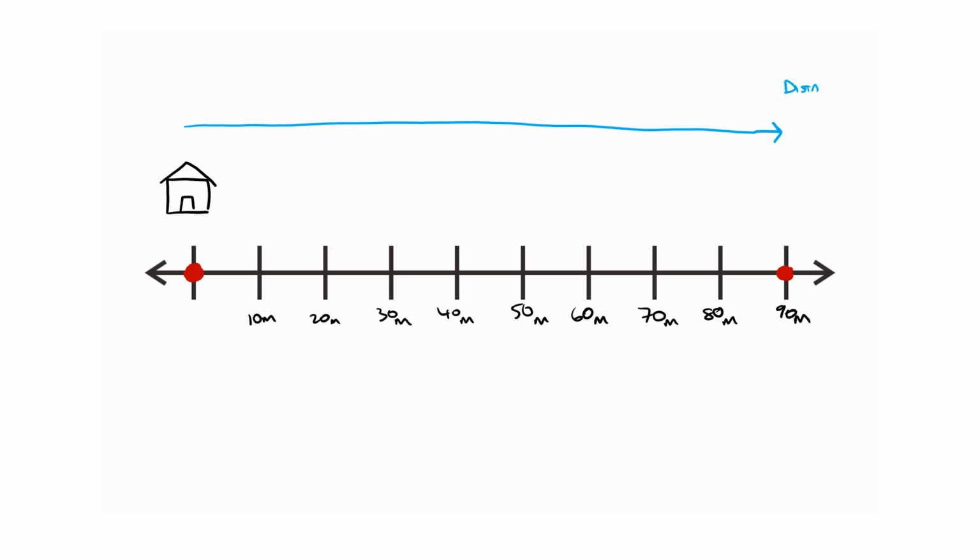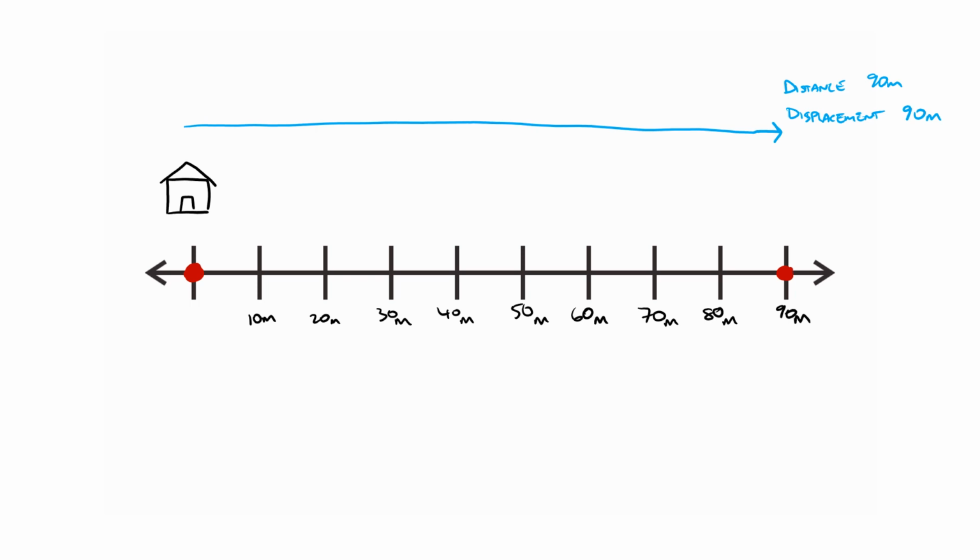So distance is 90 meters. And what is the displacement that I traveled? So I'm going to say displacement. I take a picture where I start, and I take a picture where I stop. Displacement is also 90 meters.